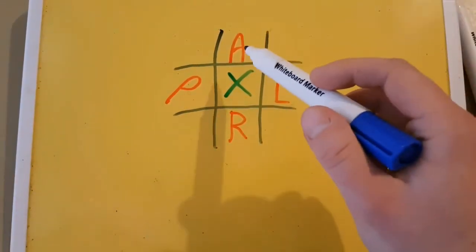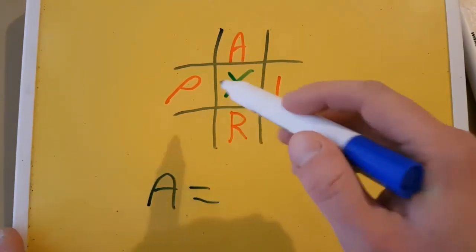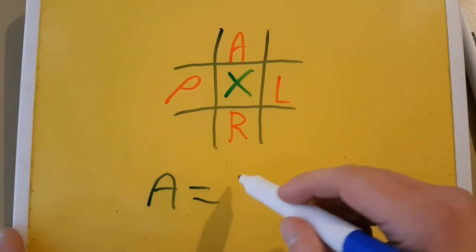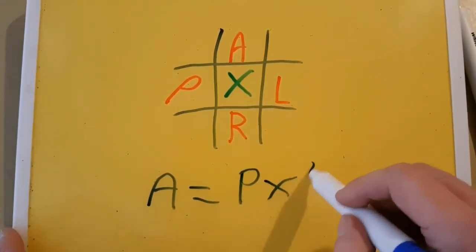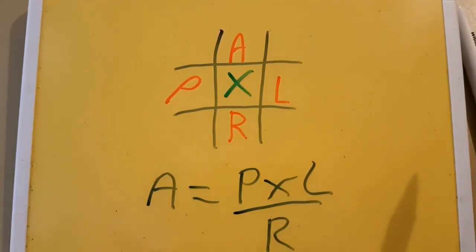To work out the area, it would be A equals P times L, and then divide that by R, and that would give you the area.